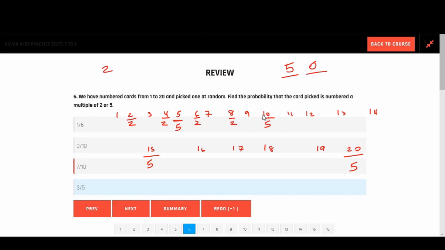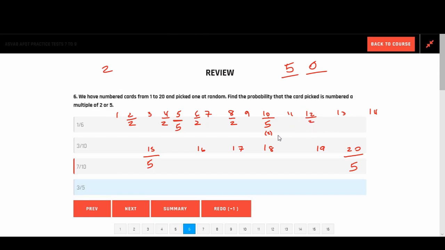Now, here's the kicker. 10 is a multiple of 5 and 2, but for probability, we can't count twice. So if we counted this as a multiple of 5, we just have to know that it's also a multiple of 2, but we can't count it when we add up the probability. So it's there, but we can't count it, because otherwise we double count it.